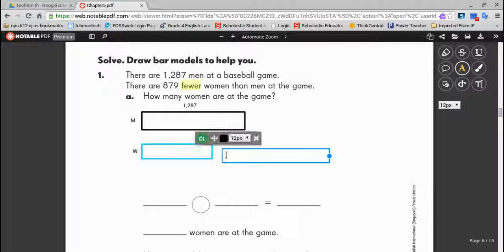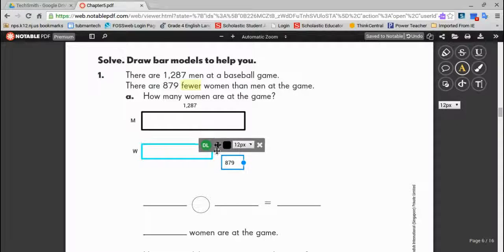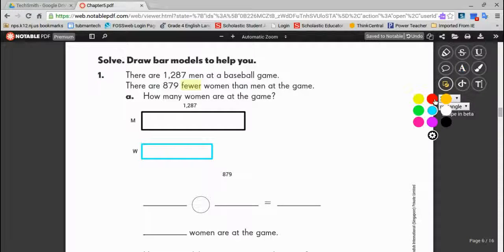So my 879 is going to go in that empty space right over here. And I'm going to represent that using a circle. And I'll use a different color.